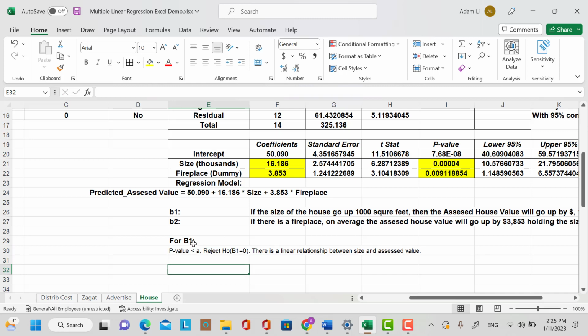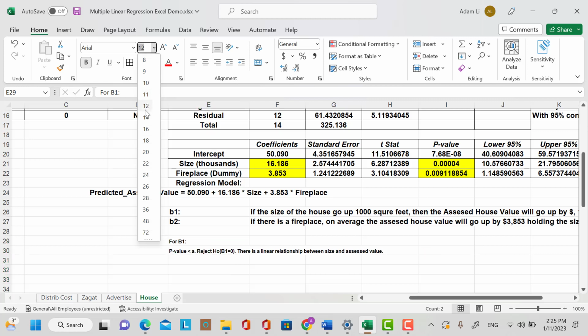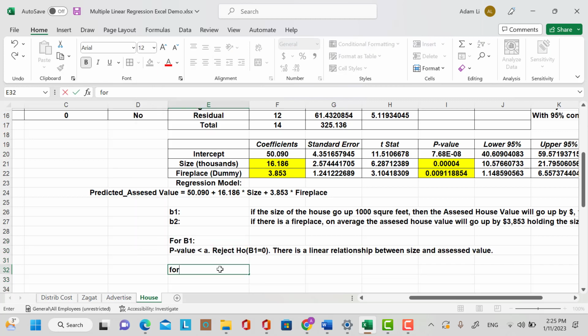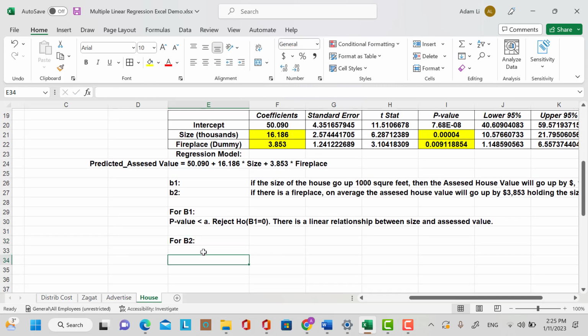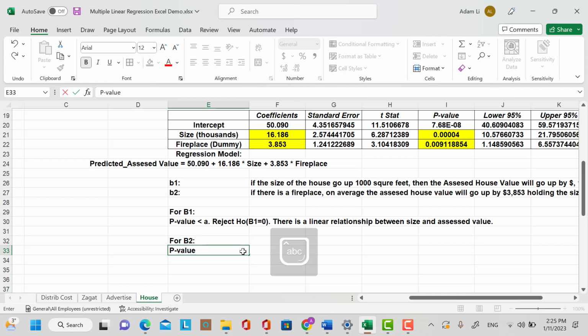And also for beta 2, we do the same thing. The p-value here is 0.009. The p-value is smaller than alpha. Reject H0, which is beta 2 equals 0.